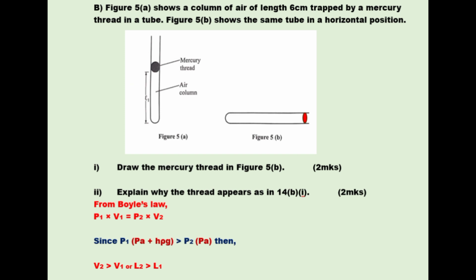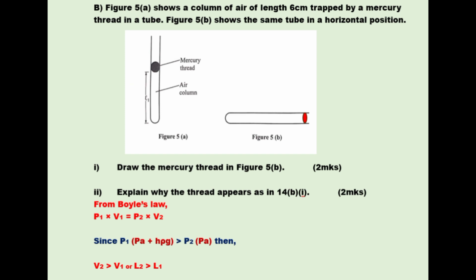The mercury thread would be coming outwards, meaning you are increasing the pressure of the trapped air. If you cool the trapped air, the mercury thread will be coming inwards, meaning you are lowering the pressure of the trapped air. There is a balance of pressure between the atmospheric and the trapped air. That's why we are saying the pressure of the trapped air is equal to atmospheric pressure in 5b.